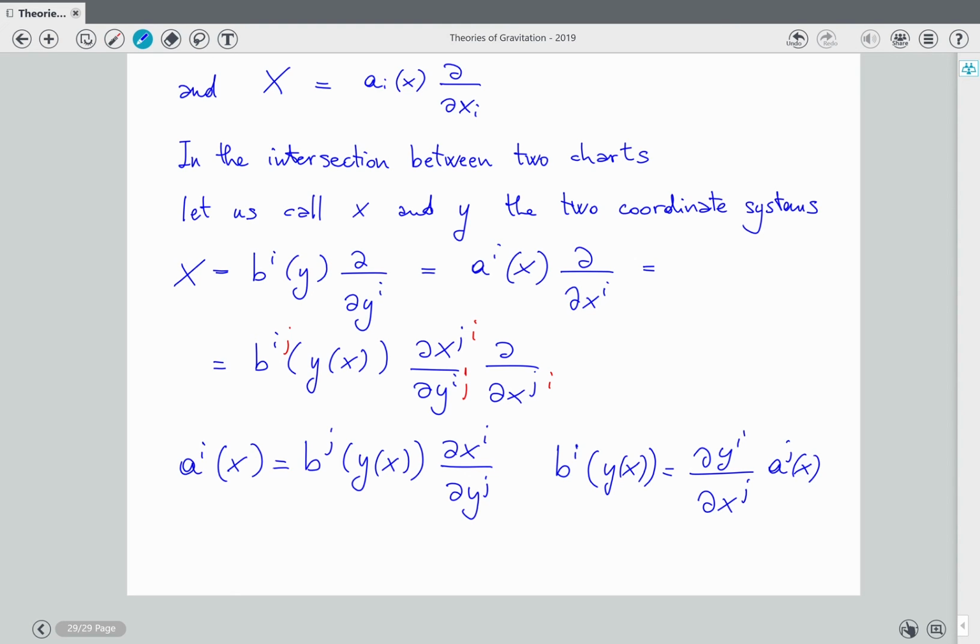So when you give such objects in every open set and they transform with the correct rules in the intersections, then what you are giving is a vector field, which is defined on the entire manifold.